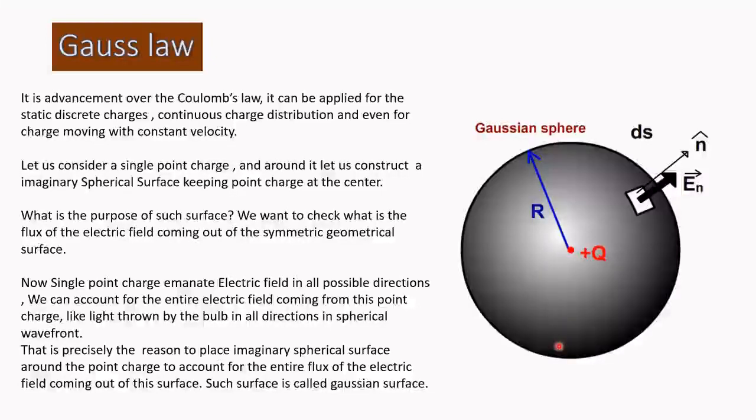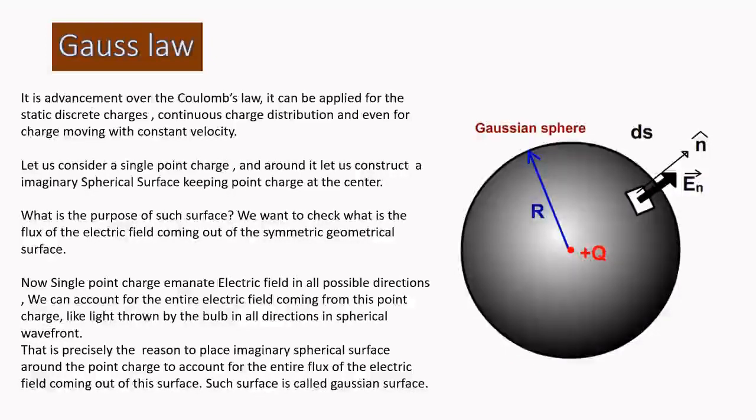So it is like the light thrown by the bulb in all possible directions on a spherical wavefront. And that is precisely the reason to place an imaginary spherical surface around the point charge, to account for the entire flux of the electric field coming out of this surface.